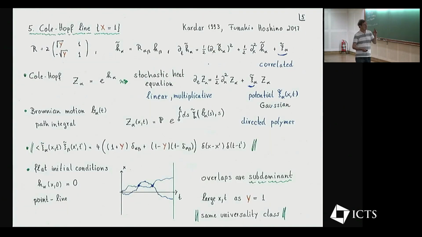Okay, so now comes what I think is the most beautiful part, because I didn't understand this for a long time. I read the paper by Kadar, but now I picked up this paper by Funaki, which makes this very clear. So let me just tell you the result. The point is we have two components, and we can of course make linear combinations, and then the equation looks totally different.